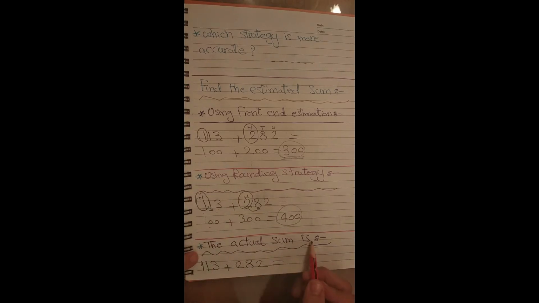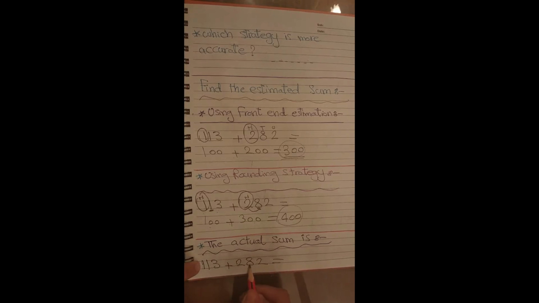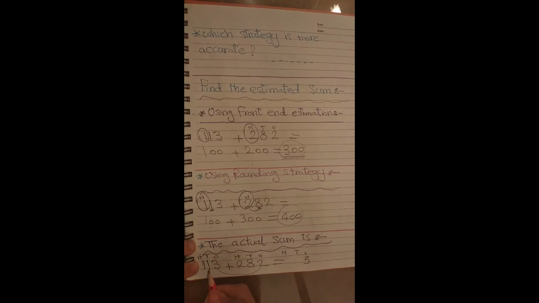The actual sum is what? 113 plus 282. Here I have 1s, 10s, 100s, and 1s, 10s, 100s. To get the actual sum, I will add the ones first together. 3 plus 2 equals 5, and 1 plus 8 equals 9. 1 plus 2 equals 3.